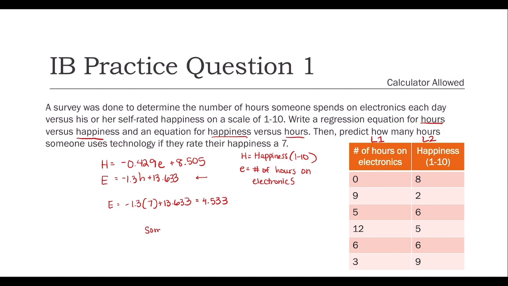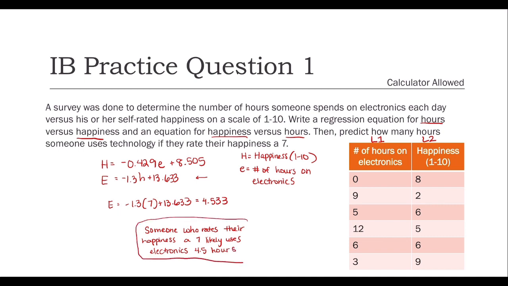So someone who rates their happiness a 7 likely uses electronics 4.5 hours. So these would be your answers. These equations with their definitions as well as this part down here.